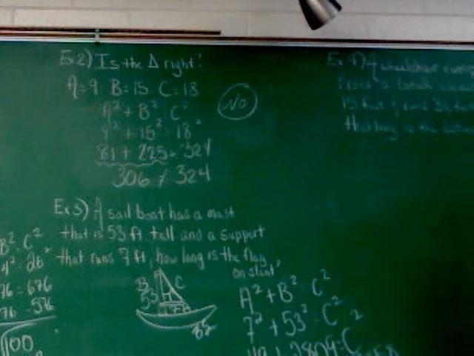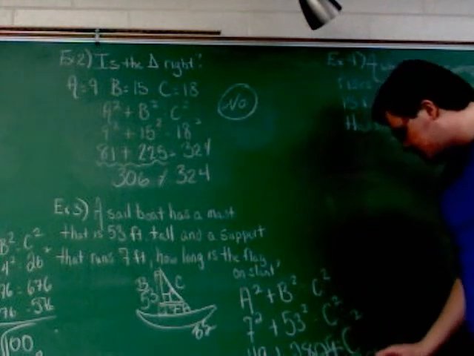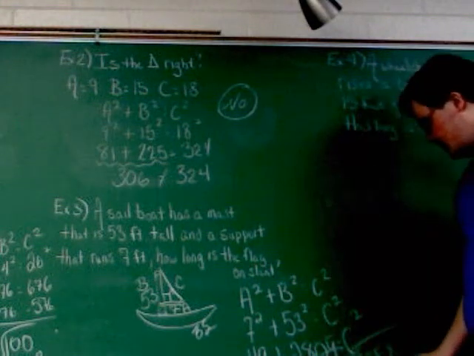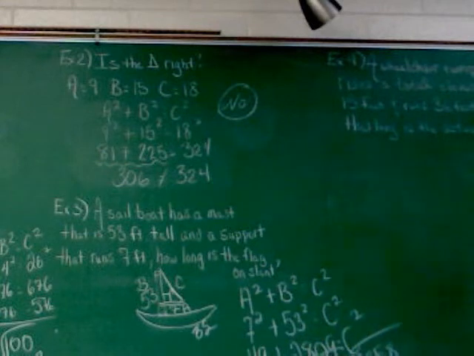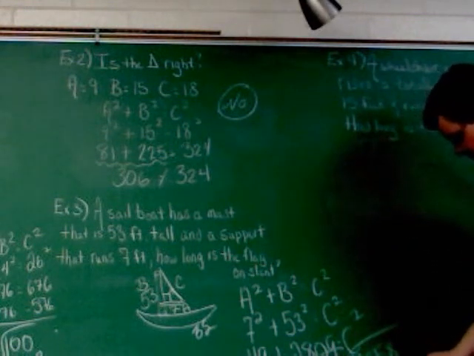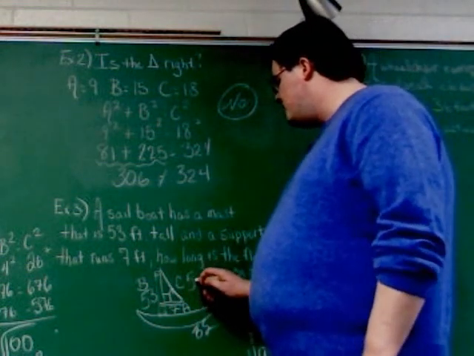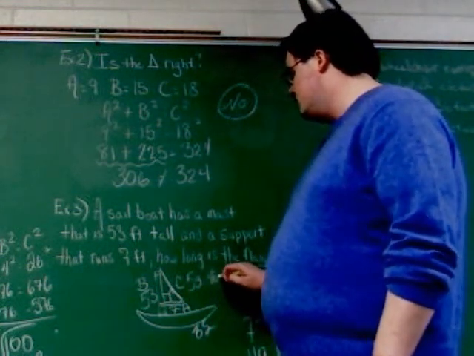Now again, I don't care about C squared, I only care about C. So I'm going to have to take the square roots all the way across, and I find out that C has to equal 53.46. So the flag on slant is 53.46 feet long.